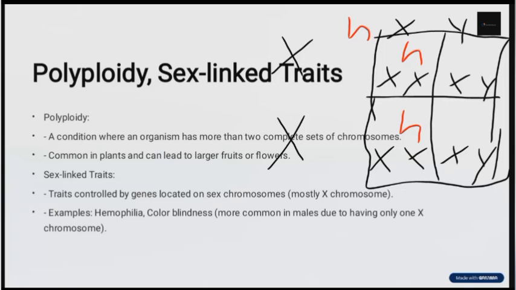So you should draw your Punnett square, solve it, and then tell me the answer. The woman is normal, the man is affected. What are the chances that the daughters will be carriers, and that the sons will be affected too?